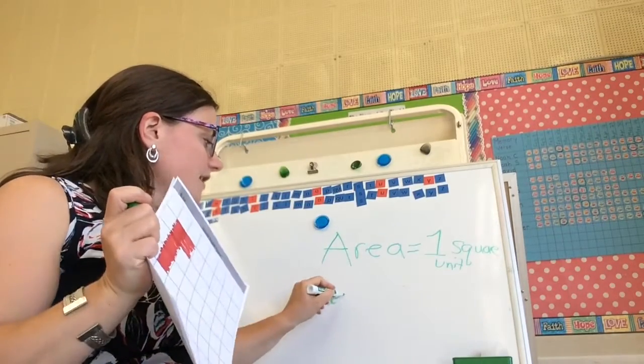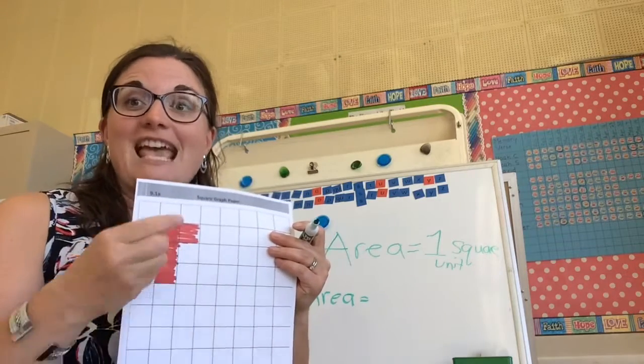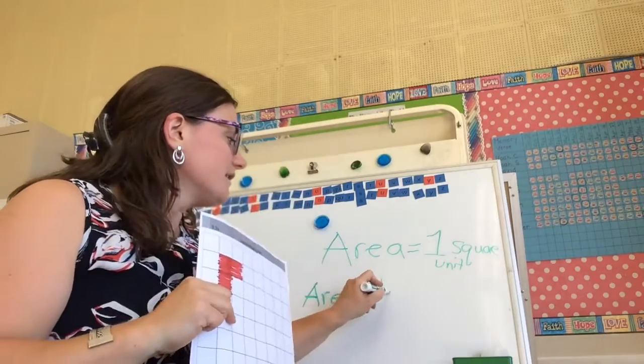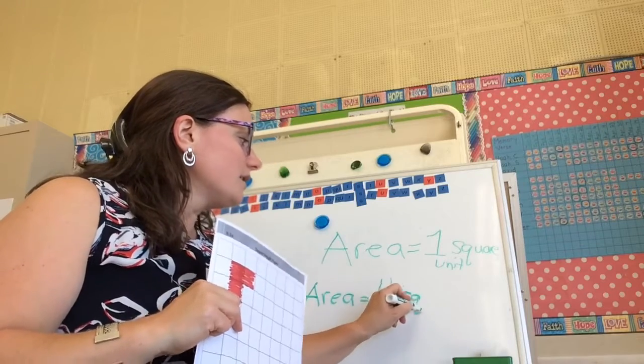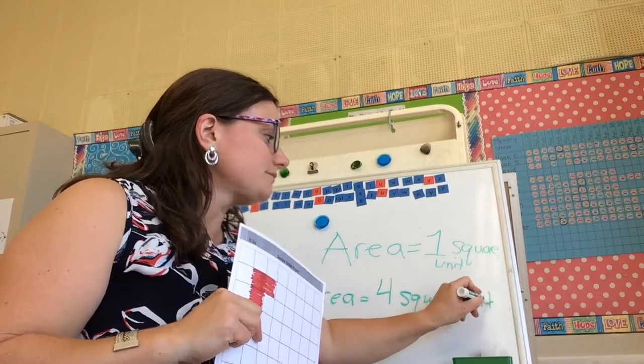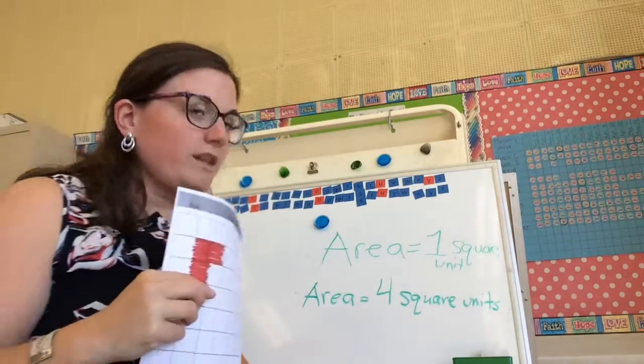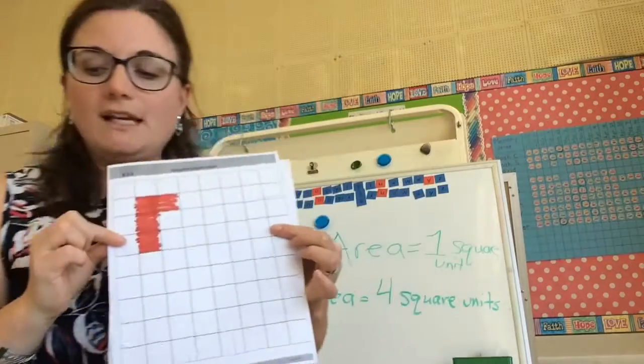So the area of the shapes that we made, the amount of space that it covers, is 4 square units.